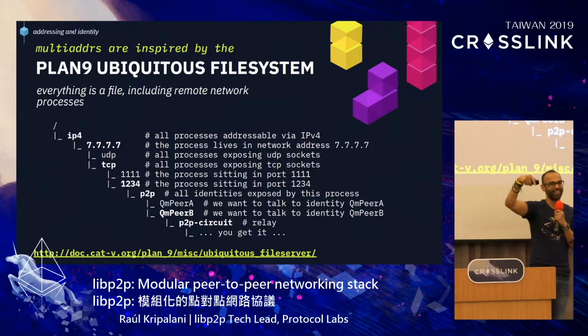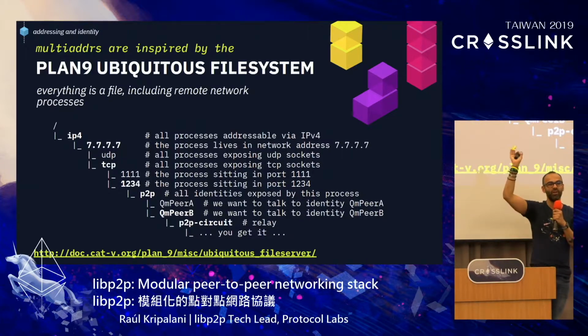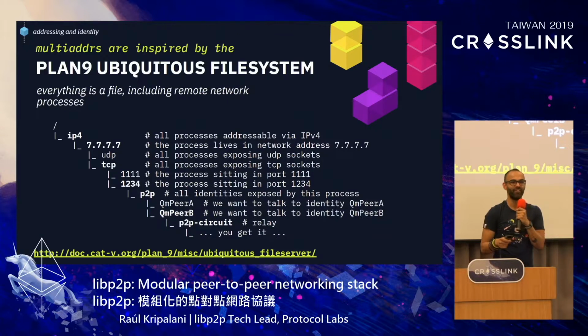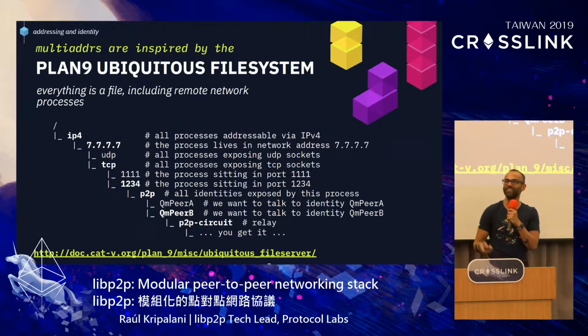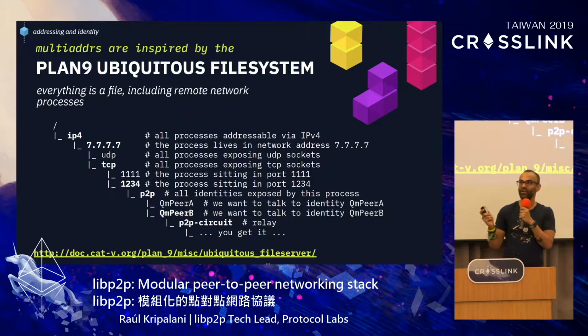So really hinging on this idea of multiaddrs and the hierarchical system for naming processes in the world, who here has heard about Plan 9 as an operating system? Cool, a few people, mostly the protocol developers, that's great. So Plan 9 is an operating system that was developed by Bell Labs, and it had this really cool notion that everything is a file.